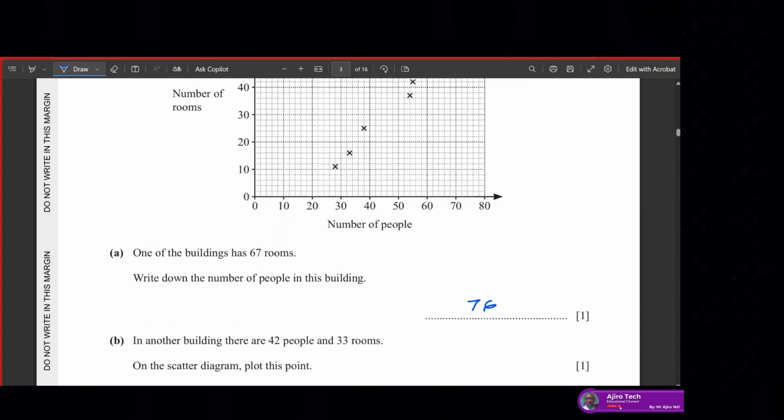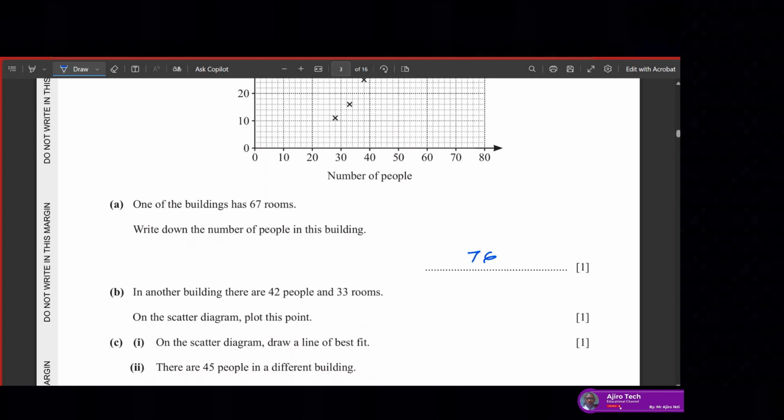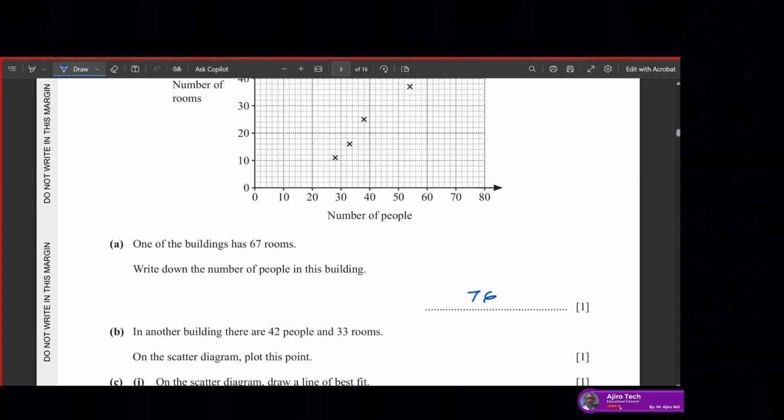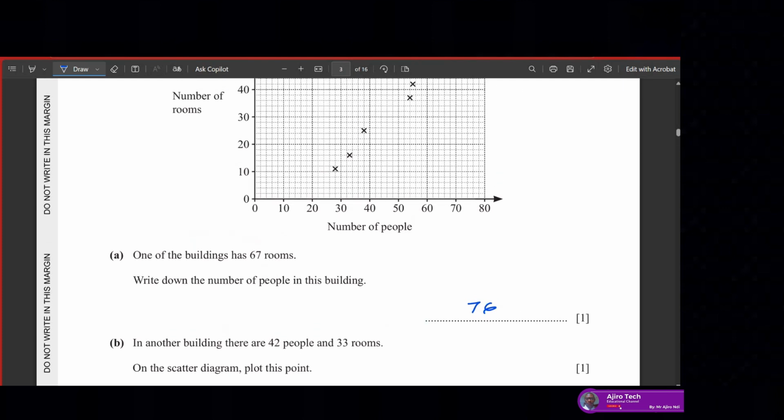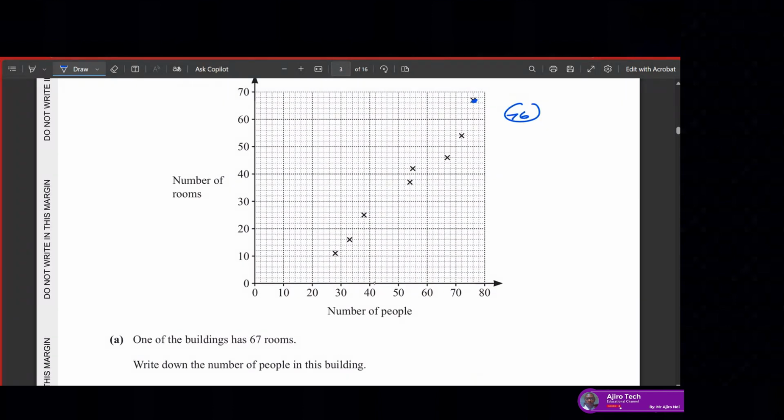So 4B. It says in another building there are 42 people and 33 rooms. On the scatter graph or diagram, plot these points. So it's simple, we just need to plot the points. So we have 42 people against 33 rooms. So this is 42, right?